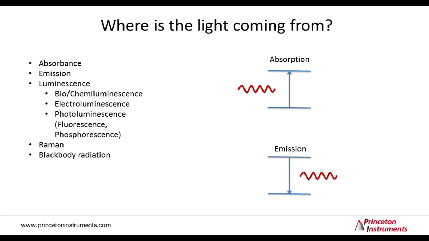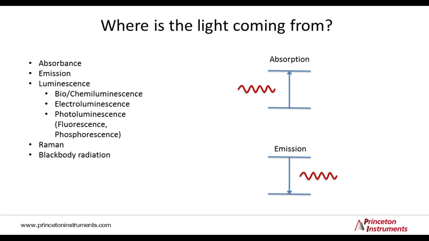So this leads to various processes, either direct observation of absorbance, for example, or emission, let's say from a flame of a gas, various luminescence processes, so the high energy state might be produced by a biological or a chemical process or an electrical process.